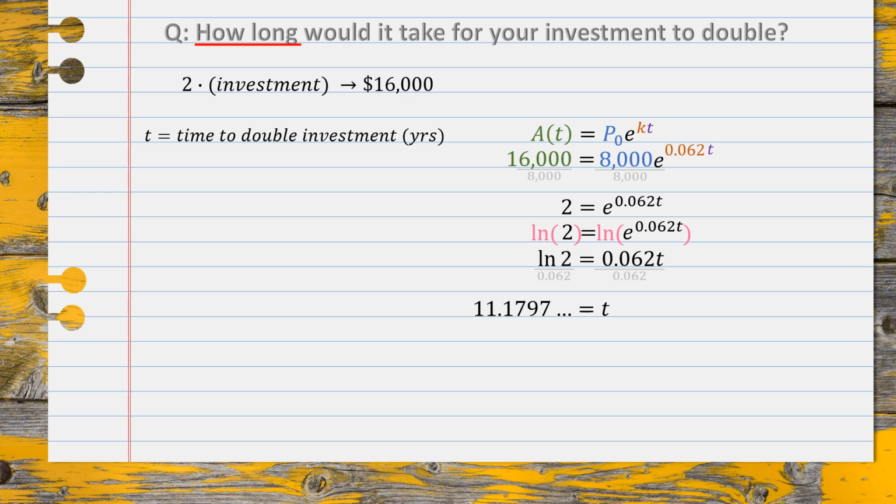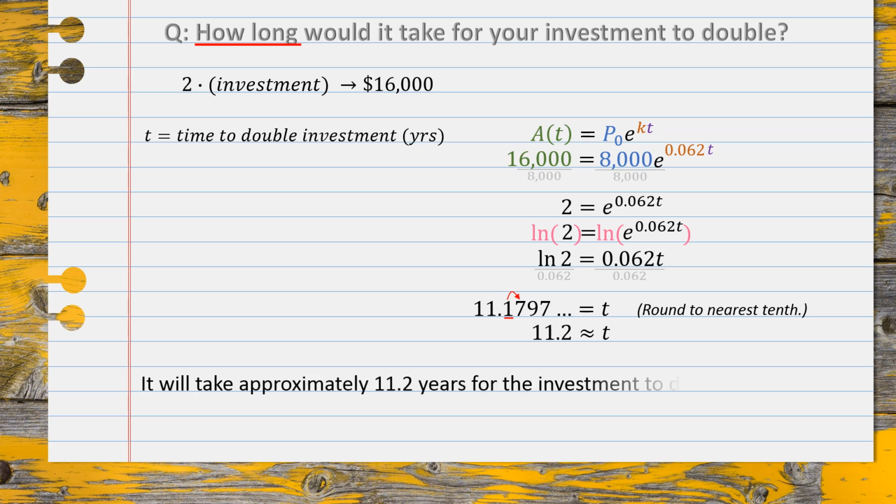Hopefully you found t to equal 11.1797, but in this case, I want us to round to the nearest tenth, which means t is approximately 11.2. Since we've defined it, have an equation, and we've solved it, our sentence comes last. It will take approximately 11.2 years for the investment to double.